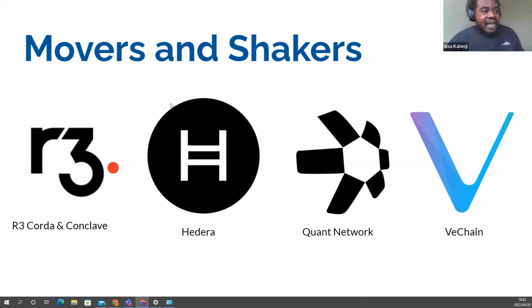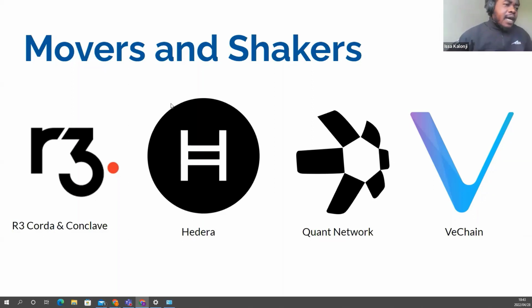So development and integration with the blockchain is seamless, as well as the fact that they offer the Conclave product, which is a decentralized cloud service for businesses. We also have Hedera Hashgraph. They're more of a general purpose blockchain, so all types of use cases can be applied to the blockchain service.